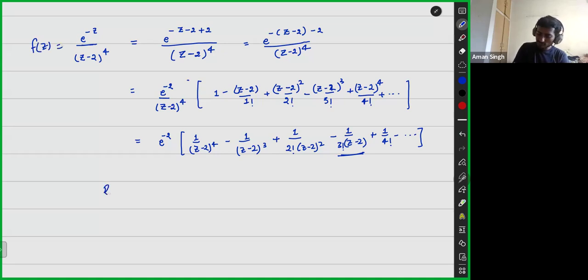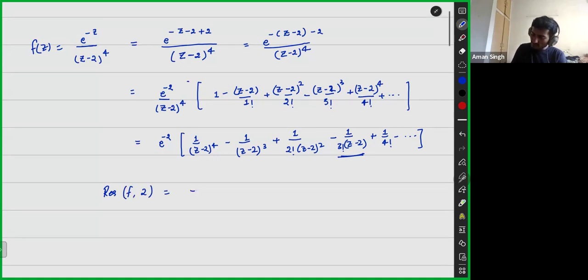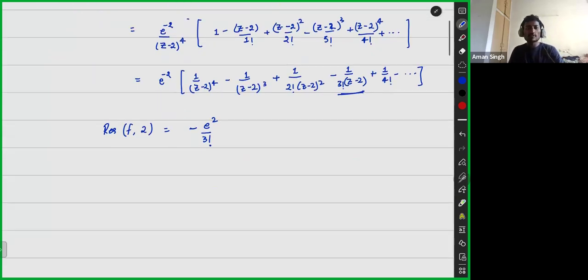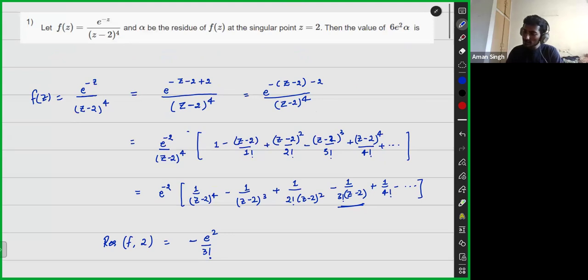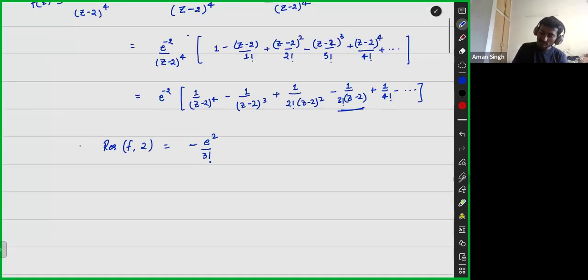So the residue of f at 2 is nothing but minus e square by 3 factorial. Okay, and now we calculate the required quantity. 6 e square into this residue, this is our alpha. So we have to calculate 6 e square alpha.